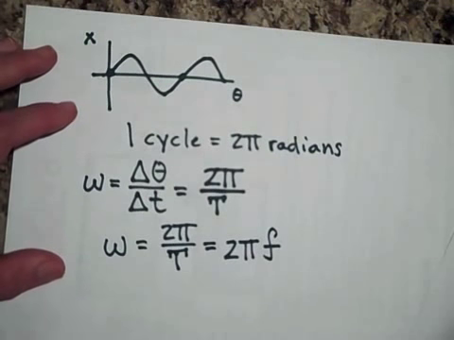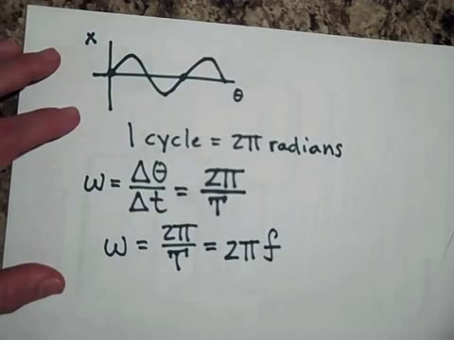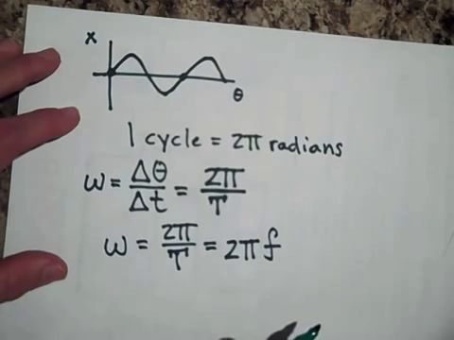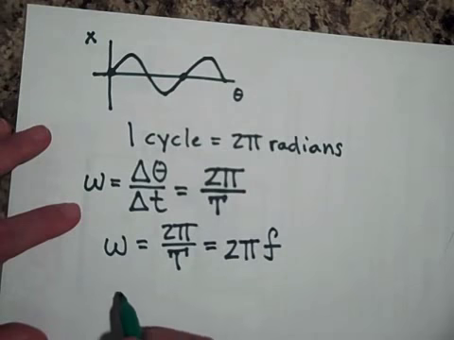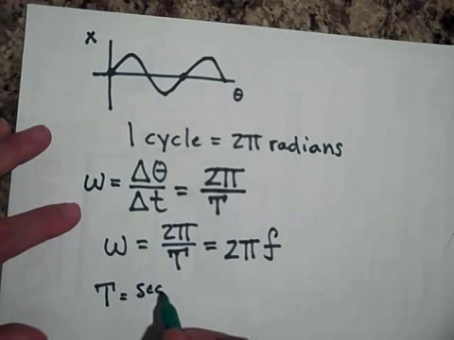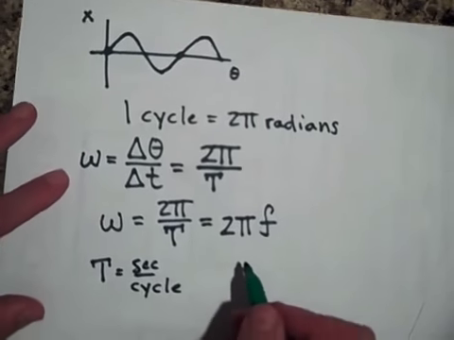So there's a lot of little equations to keep track of, and you just want to have a handle on all these. Okay. So again, what is the unit for the period? It's seconds per cycle. What's the unit for frequency?